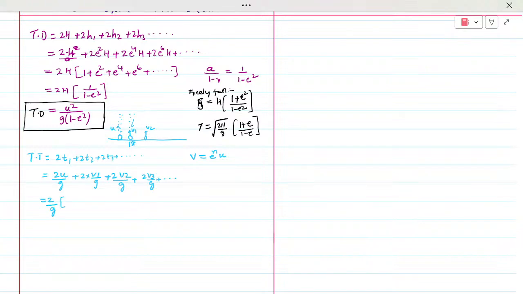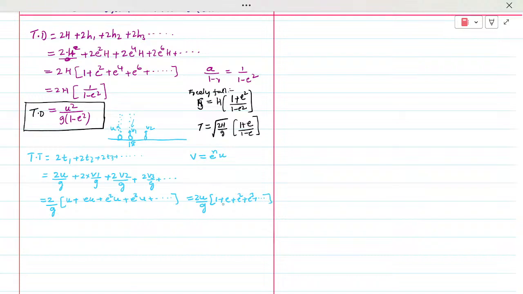So that equals 2u by g common, u plus v1, which is e into u for the first collision, plus e square into u plus e cube into u plus and so on. So 2u by g is the total time when e is not there, times 1 plus e plus e square plus e cube plus and so on.